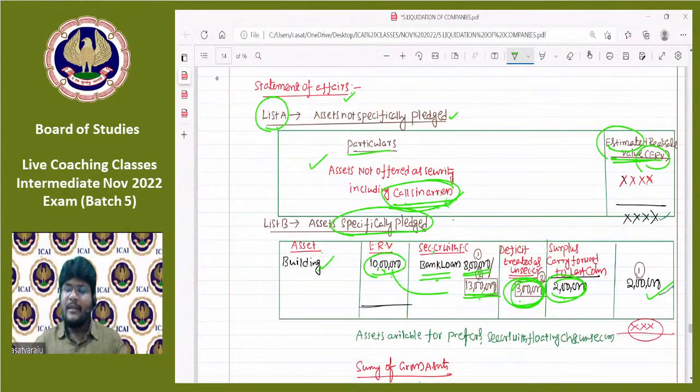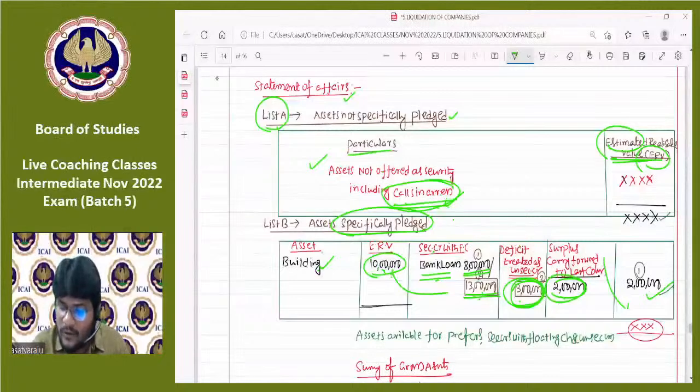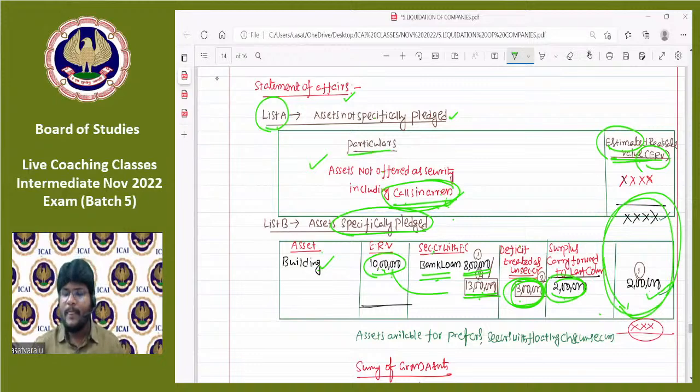Simply, at the time of comparing the ASP with the secured creditor with fixed charge, if the ASP realization is greater than the secured creditor with fixed charge, the excess you can treat as a surplus and carry forward to the last column, which is the total balance available to make repayment to the various parties. If that is the deficit, you can rank it as an unsecured creditor.